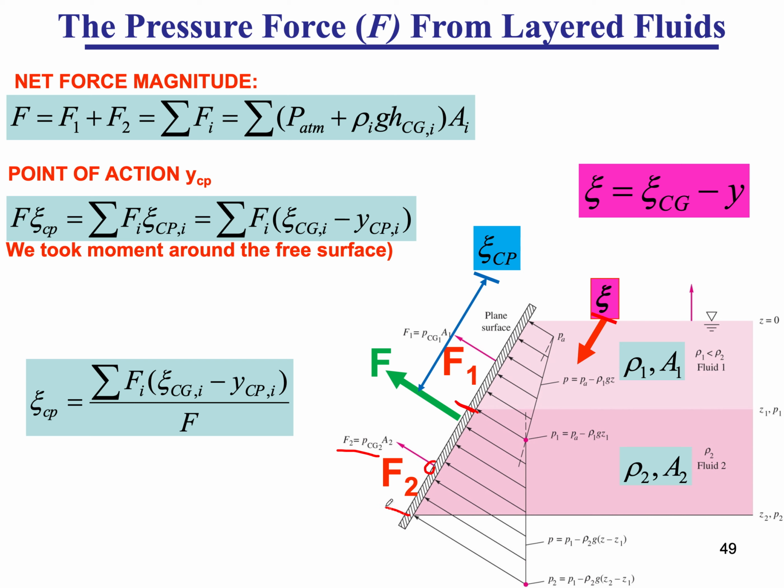This is area A2 with CP2 and CG2, and that's area A1 with CG1 and CP1 and so on. And then the net force is just the summation of the two of them. You weigh the distance, you get the moment from the two forces divided by a known distance, so you get the moment around any arbitrary point, and then you'll get the distance from the arbitrary point to your net force.